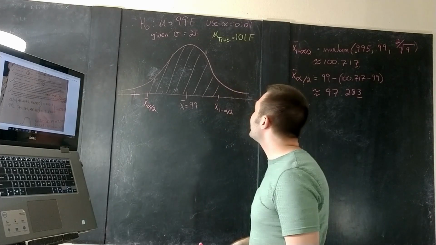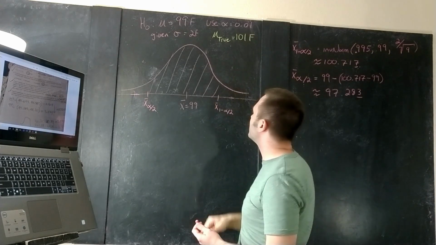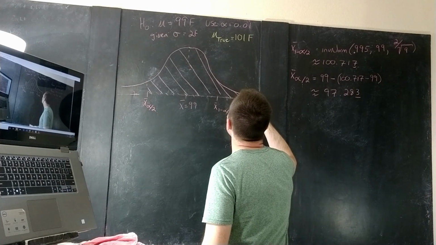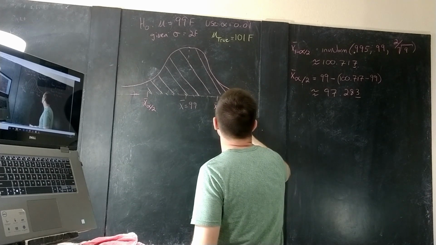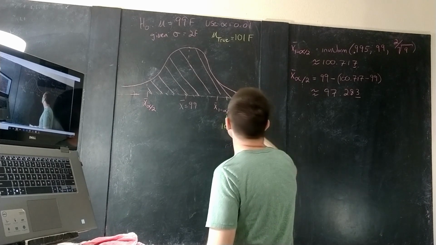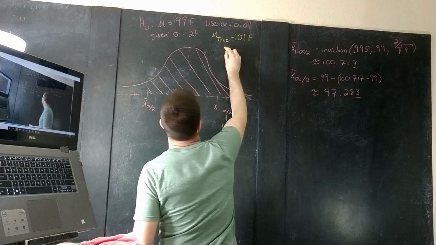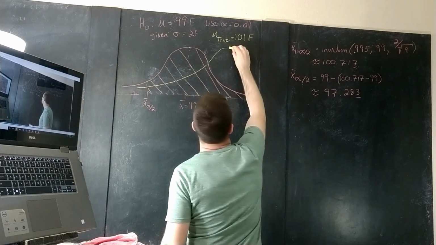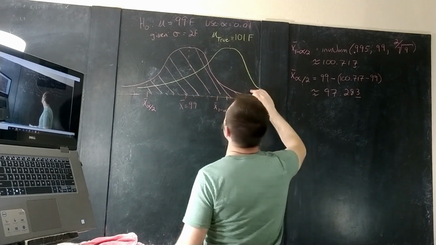But if in fact we were testing against 101 degrees Fahrenheit, so we would get a probability distribution that corresponds to this parameter value that looks something roughly like this. It's just another normal distribution.